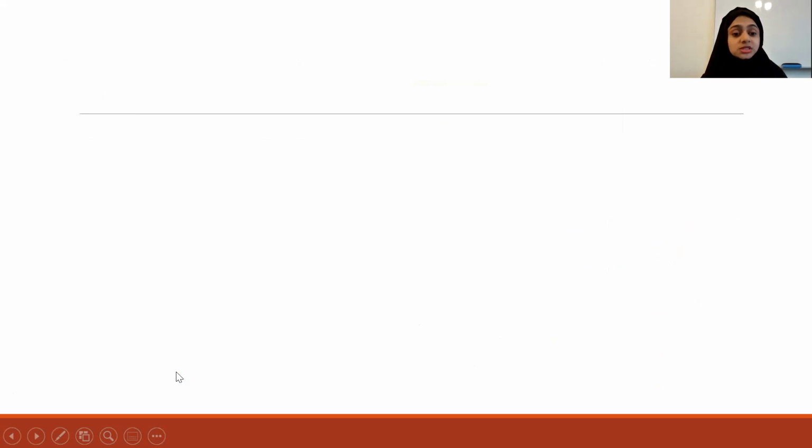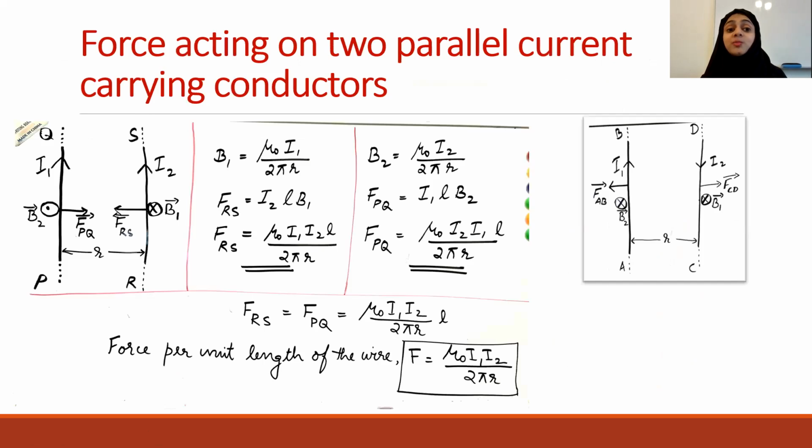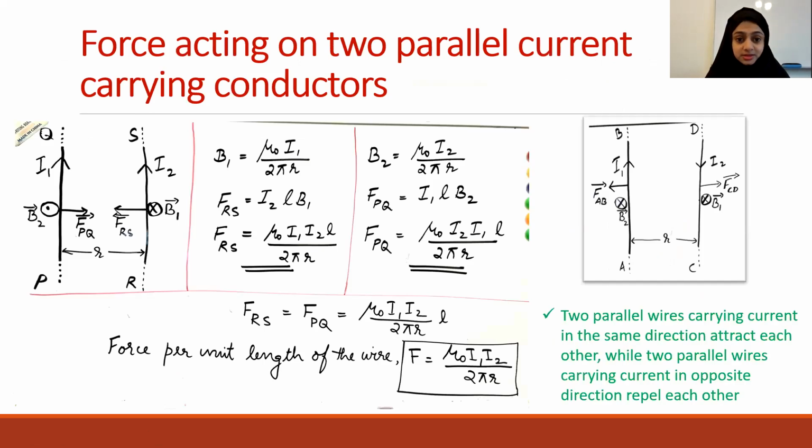Then we use these concepts in order to find the force acting on two parallel current carrying conductors. And we derived the expression that the force between two parallel current carrying conductors per unit length of the wire is F is equal to mu naught I1 I2 by 2 pi r, where I1 and I2 are the current in the conductors, r is the distance separating them.